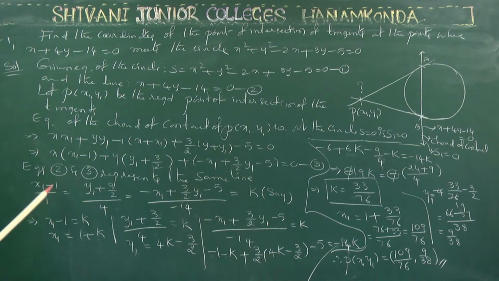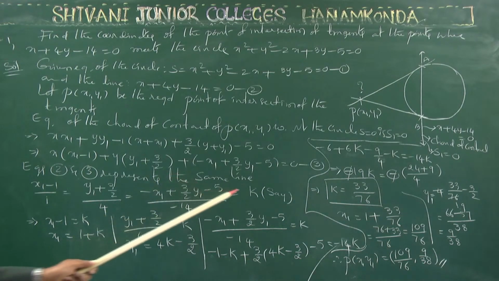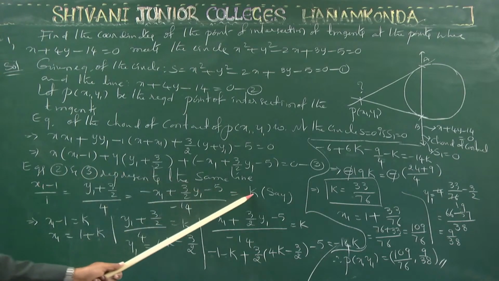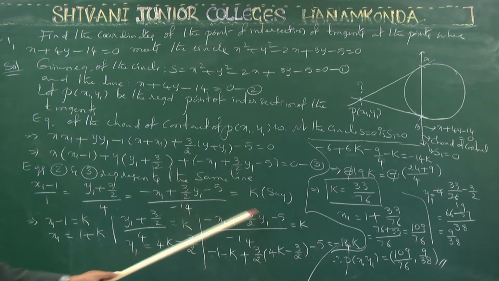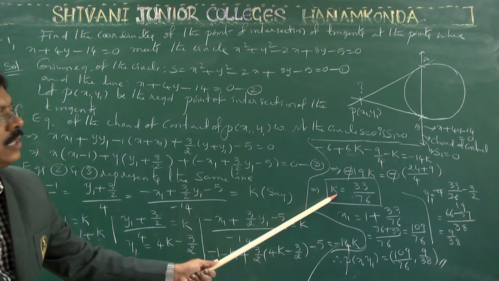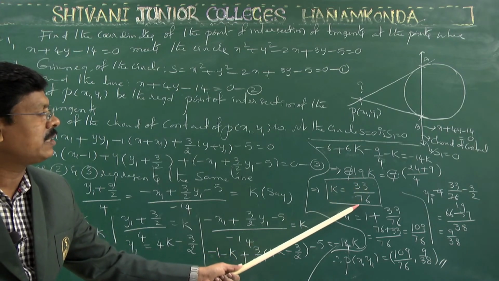What about A1 by A2 is equal to B1 by B2 is equal to C1 by C2. So its ratio we will consider K. First time K, second time K, third one K. You know that x1, y1, these two values are substituted in place of x1, y1. After simplifying, K is equal to 33 by 76.